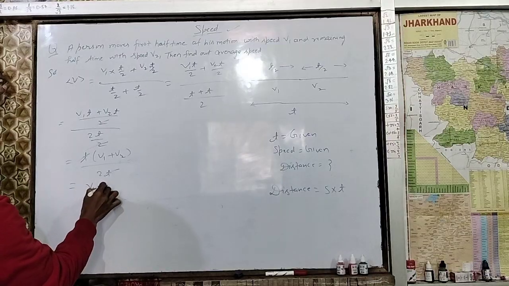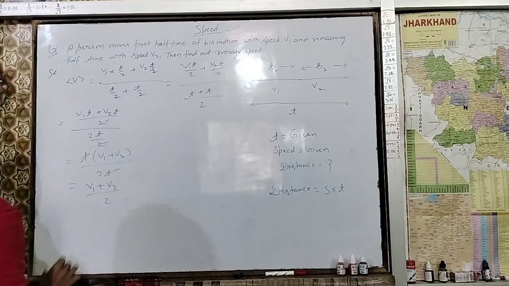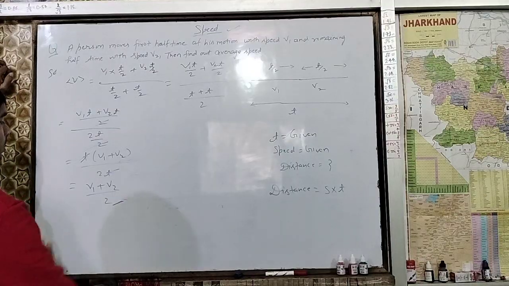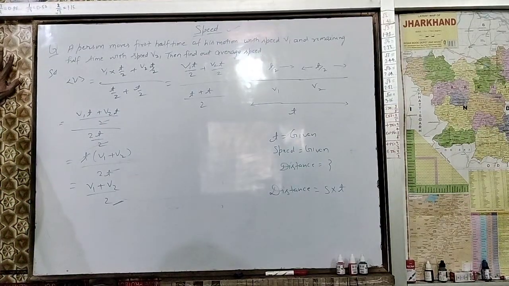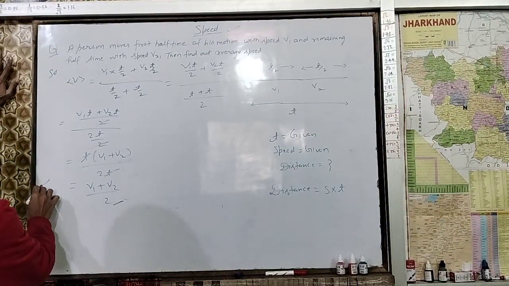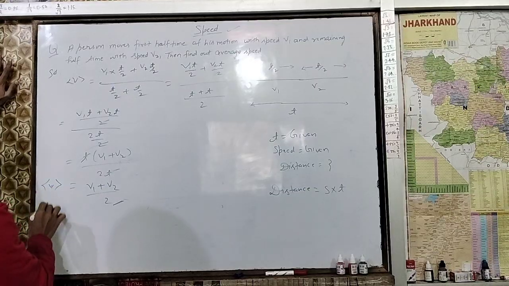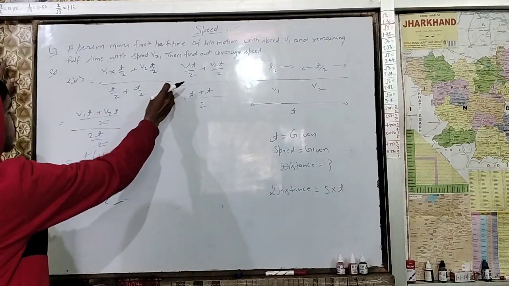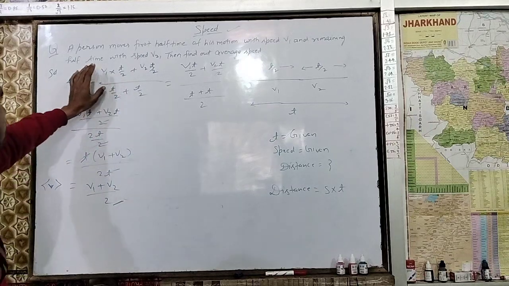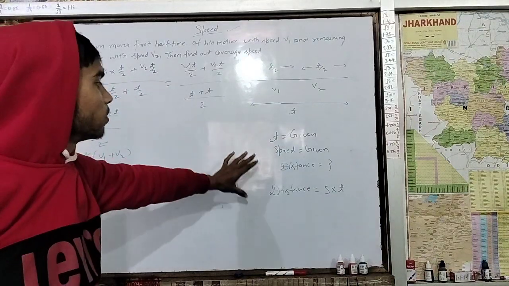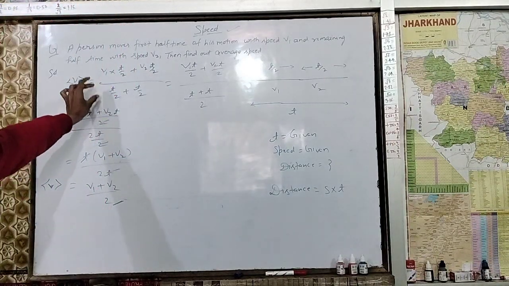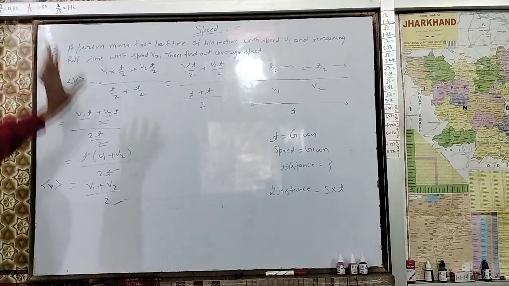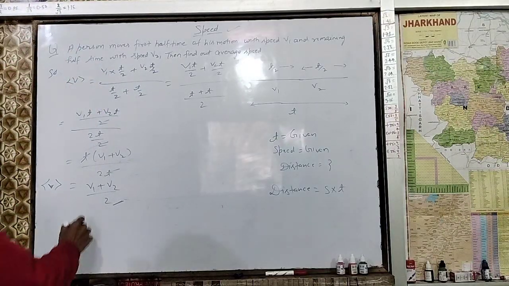Finally we got v1 plus v2 upon 2. This is our average speed. We did nothing, we just simplified from the speed formula, substituting the value of distance and the value of time. Okay, that's it. This is the main thing.